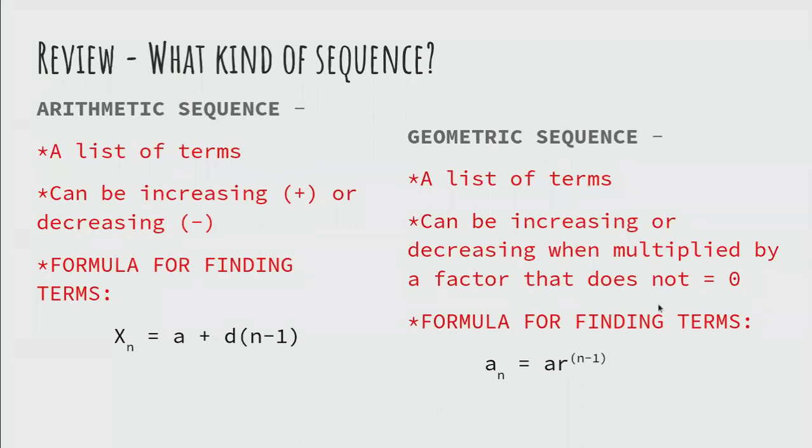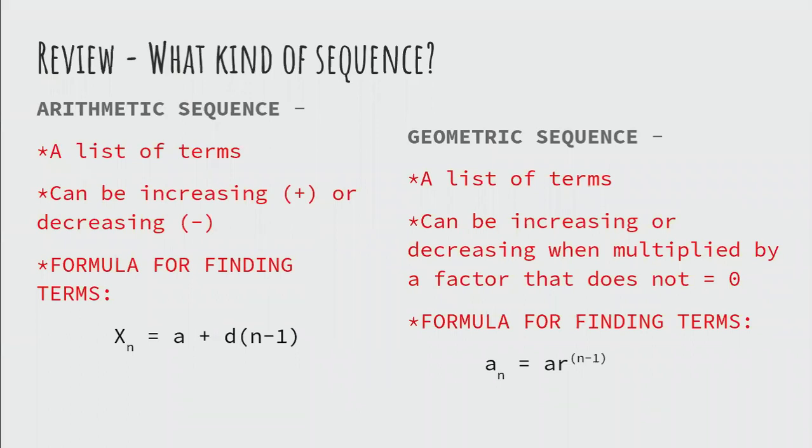So today we are going to look at these formulas that will help us find a term. If it's an arithmetic sequence, this will help us find a term further down in the sequence. And if it's geometric, this formula will help us find terms further down in the sequence.